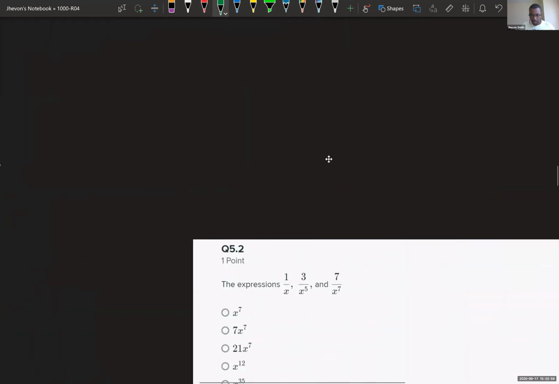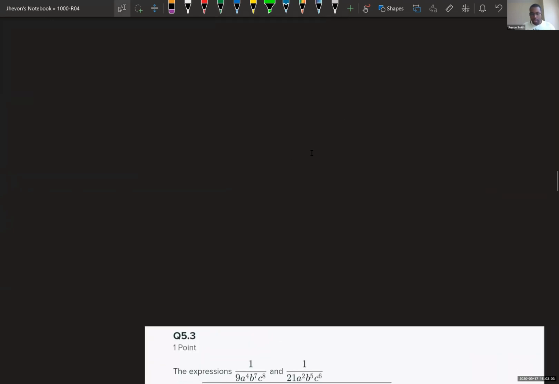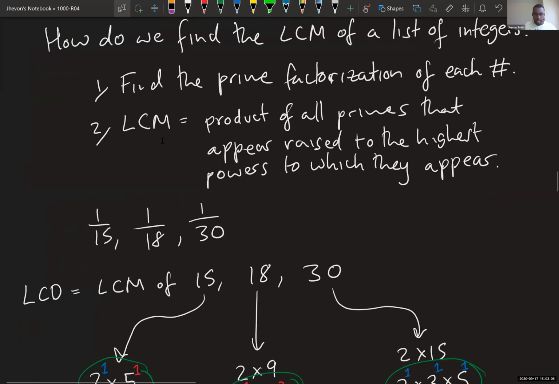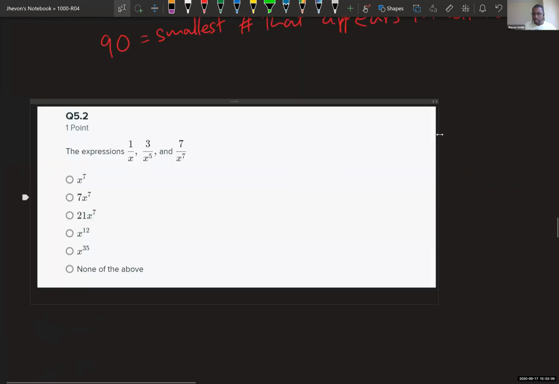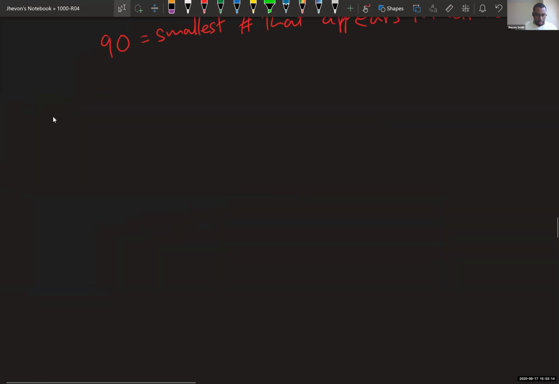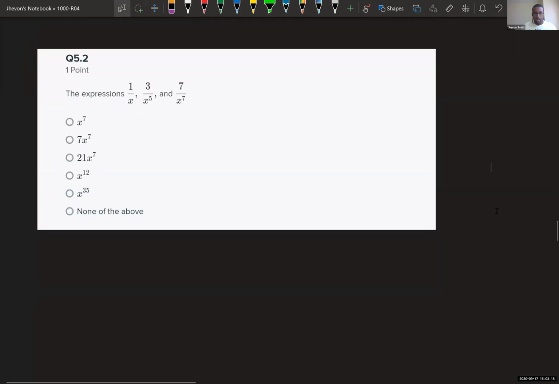Okay. Now, that concept of how to find an LCD applies even when you can't really see numbers. For example, here it would apply to just using variables. One denominator is x, the other is x to the fifth, the third is x to the seventh. What's the LCD?